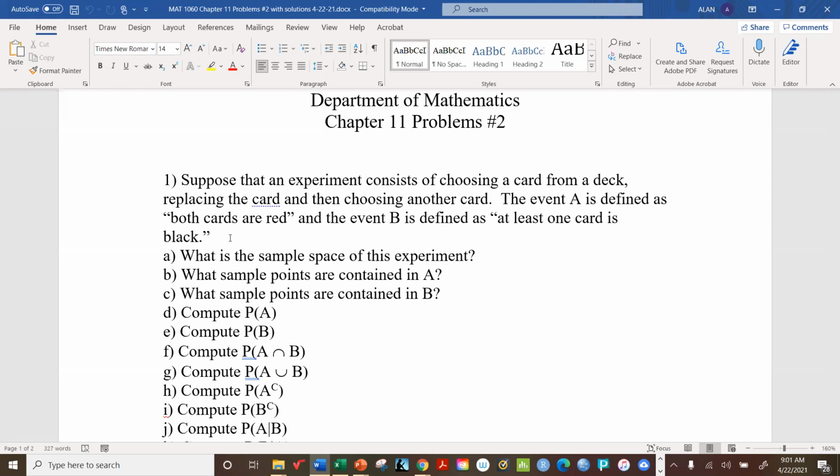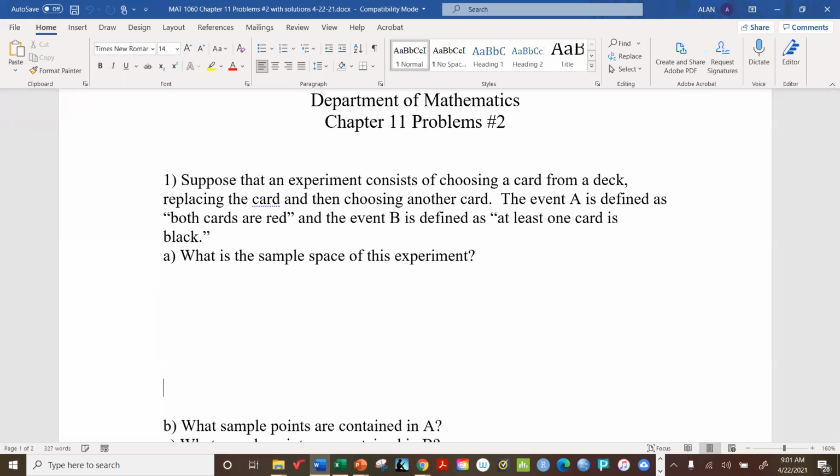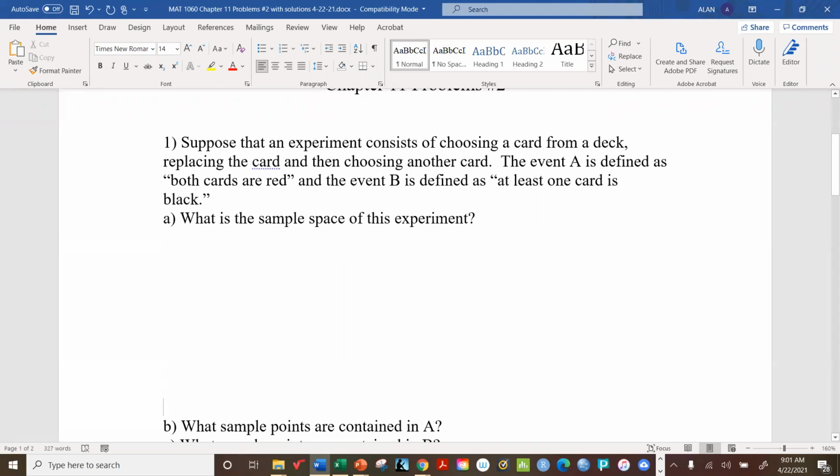Instead, it's very simple because the only possibilities, and again, you can draw a picture of this if you want to, if we're only looking at the red or the black, we pick a card, and since we're putting it back, all these probabilities are the same.